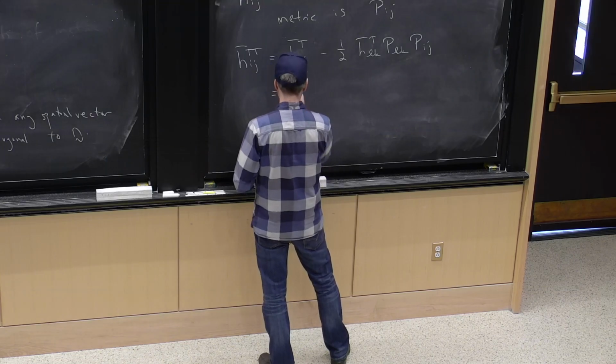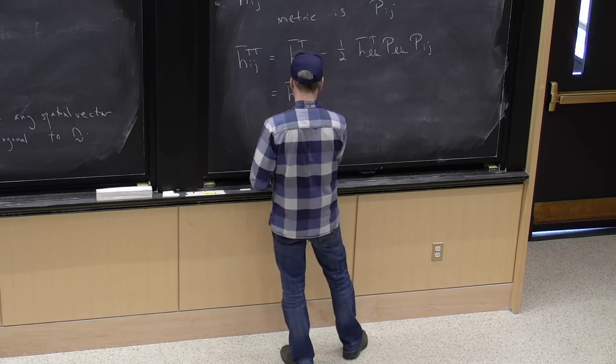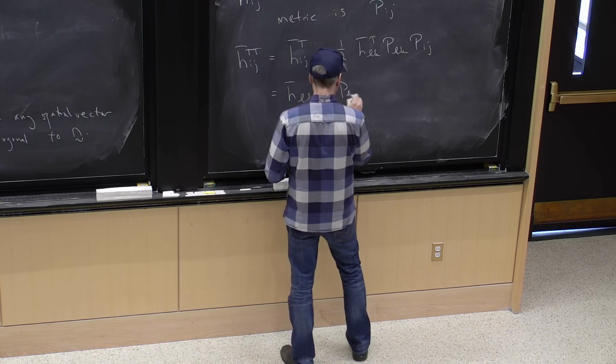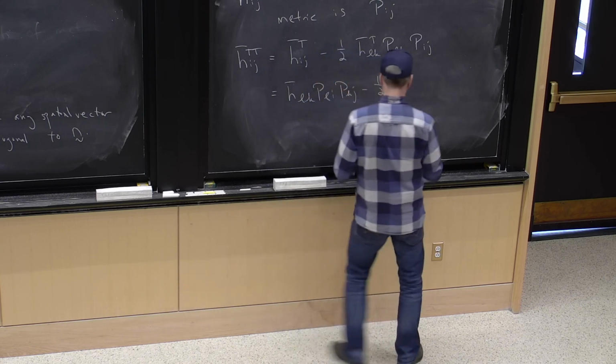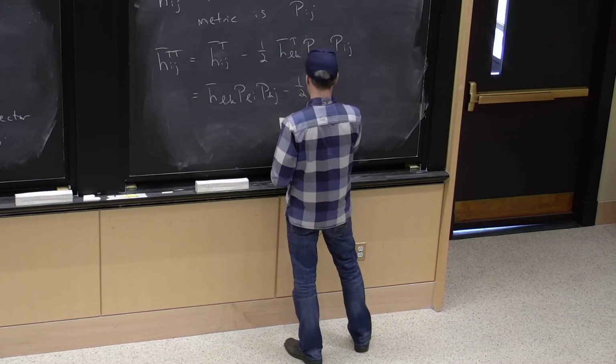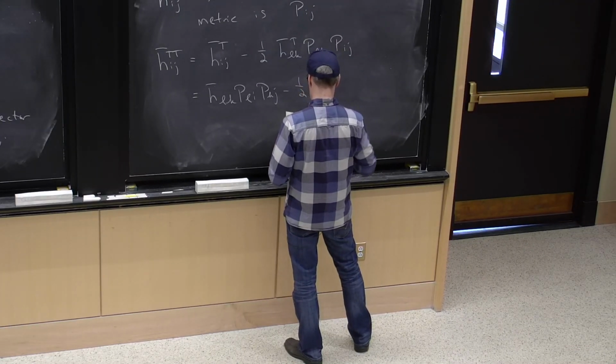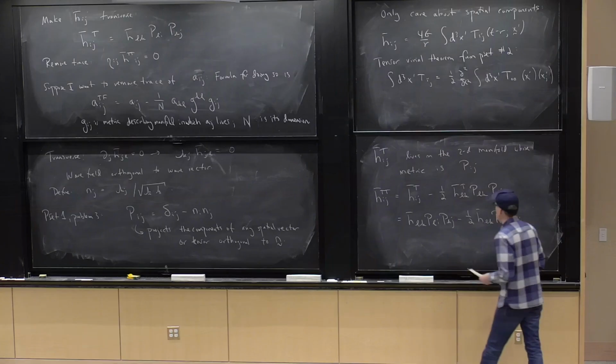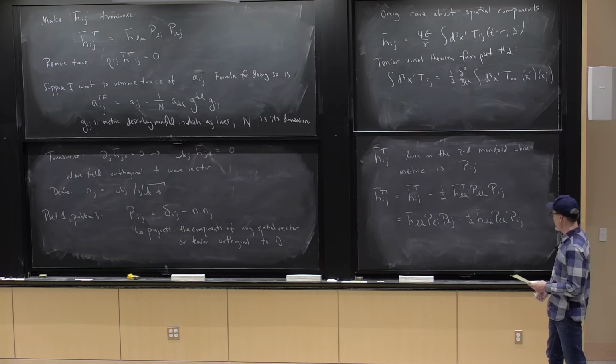Plugging in my various definitions, this turns into h_LK P^L_i P^K_j minus 1/2. You might want to go and check some of my algebra there, but I'm very confident in this. There's an overall factor of h-bar_LK.